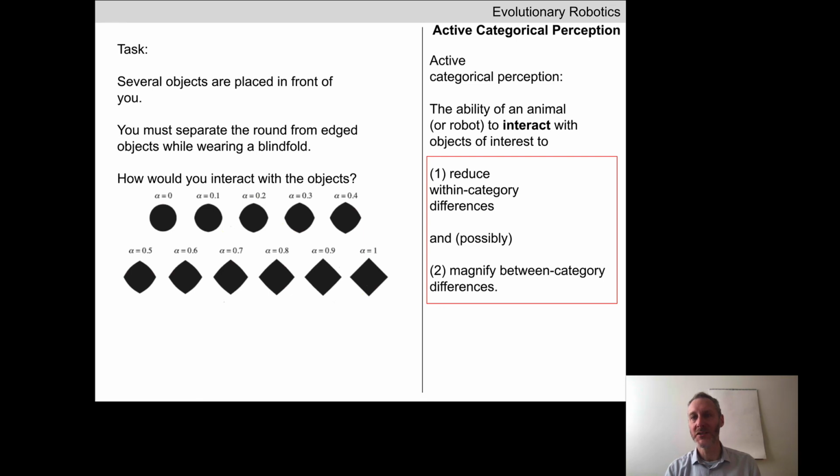We have a blindfolded subject sitting at a desk. They might give us the same answer as we would give, which is they're increasingly edged. They might resist telling us that there are categories here. Alex is getting closer. Some subjects might mention that some are easier to roll than others.